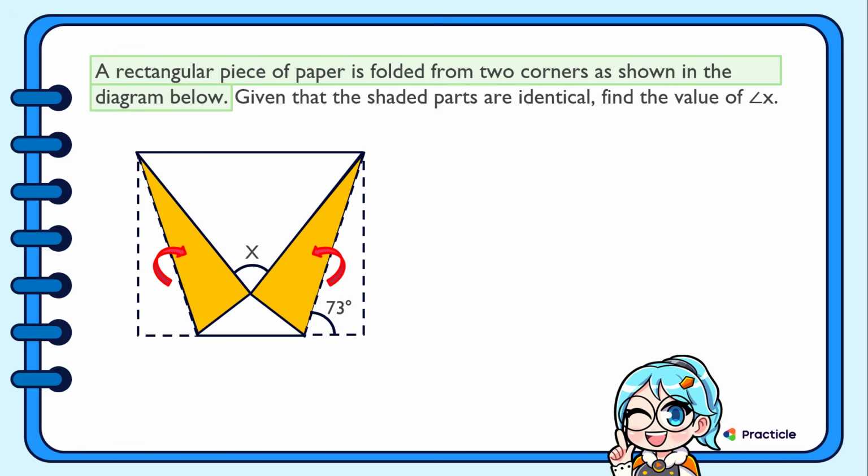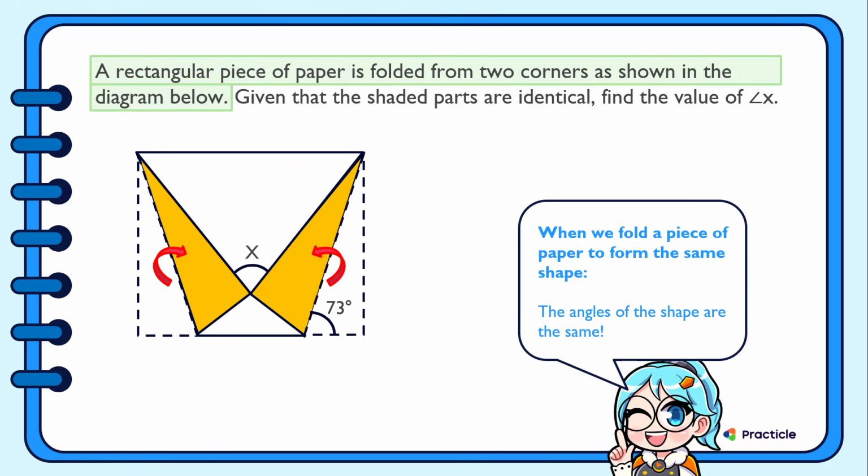Whenever we fold a piece of paper such that we have the same shape on each side, the angles on the shapes are always going to be the same. So we can think of the folding line as a line of symmetry, and this acts like a mirror, alright? Whatever angle that we have in one shape is going to be the same as the angle that appears on the opposite side. So far so good?